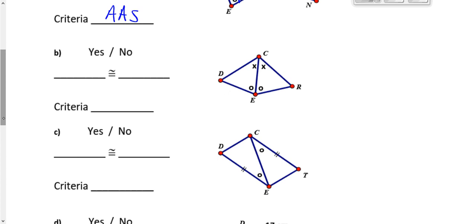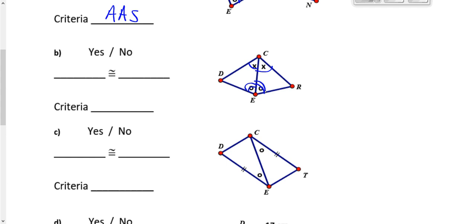So these are congruent to one another. Notice how I offset my congruent marks there so it doesn't look like one swoop, because a single swoop will mean something different. Do they share that side? Is it congruent to itself?